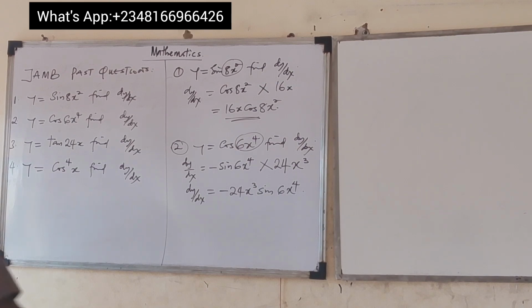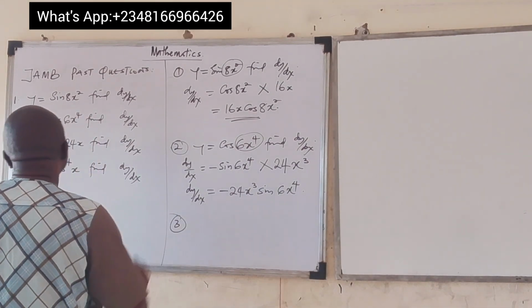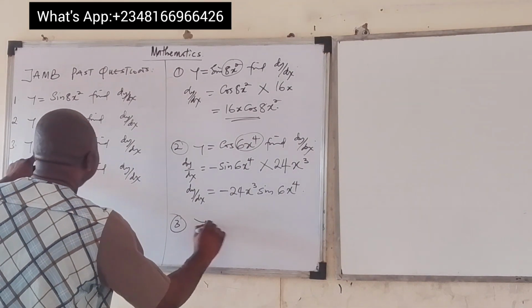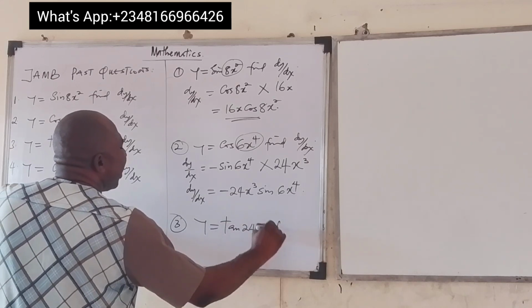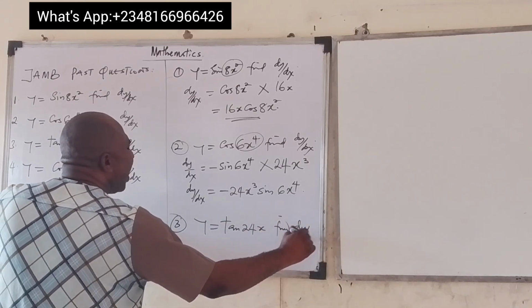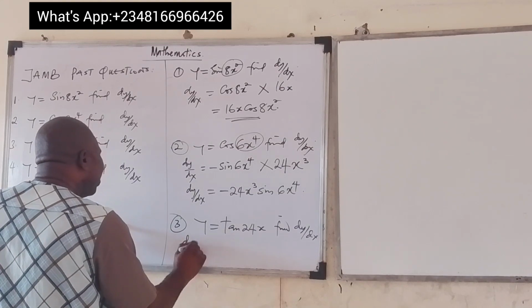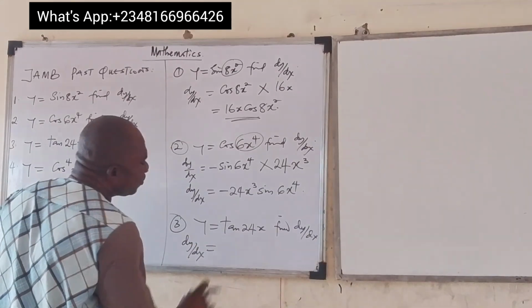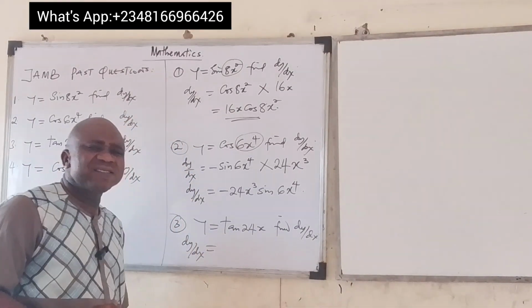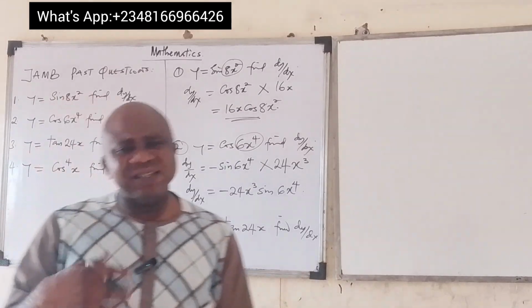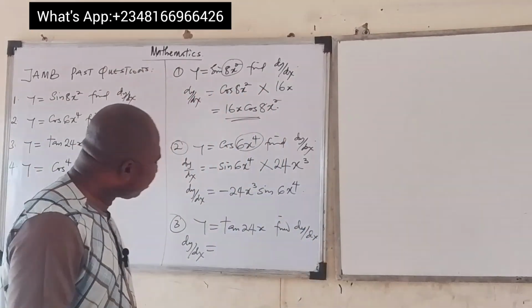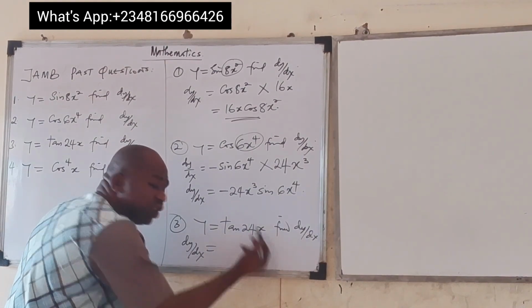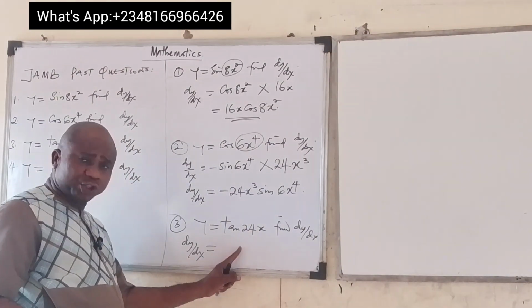Now let's see question number 3. We have y is equal to tan 24x, and here we have to find dy/dx. You differentiate tan, and remember, the standard derivative of tan x is sec squared x. In this case, because 24x has taken the position of x, you treat it as a function of a function.